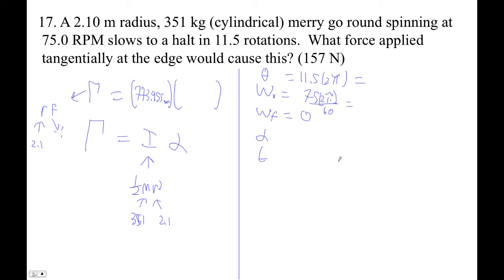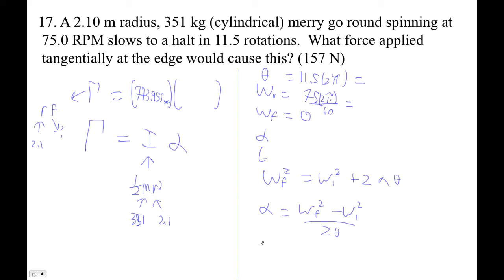Then we want to find alpha. I guess what we're going to use is omega final squared is omega initial squared plus 2 alpha theta. So alpha is omega final squared minus omega initial squared, over 2 theta.